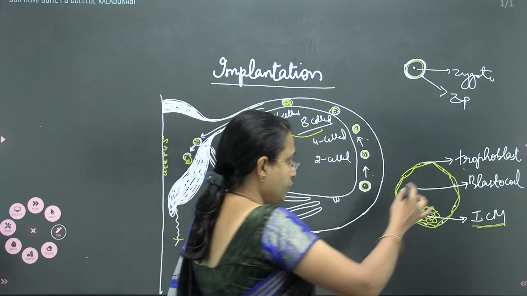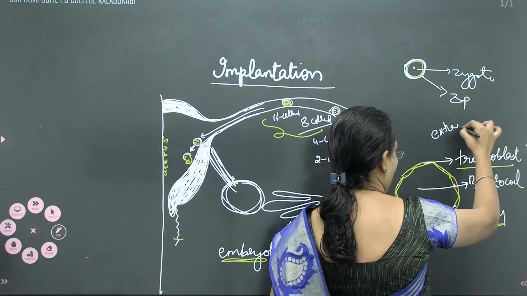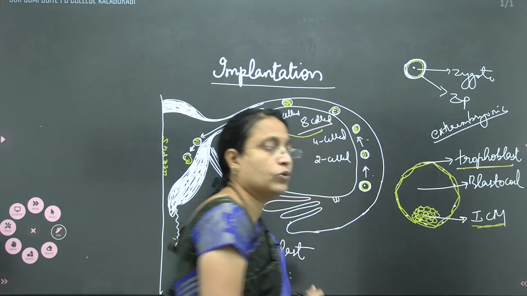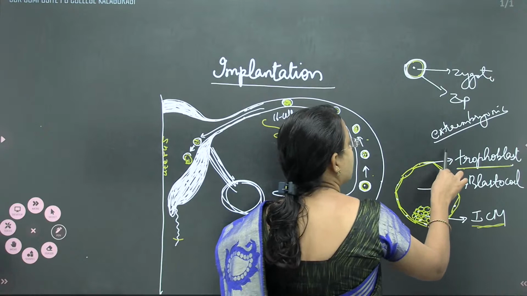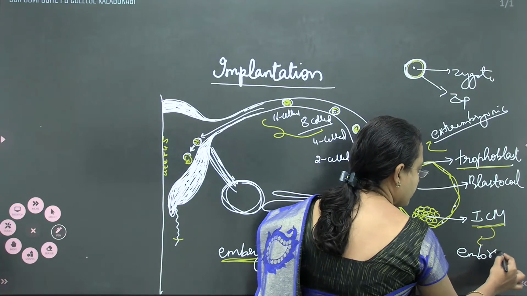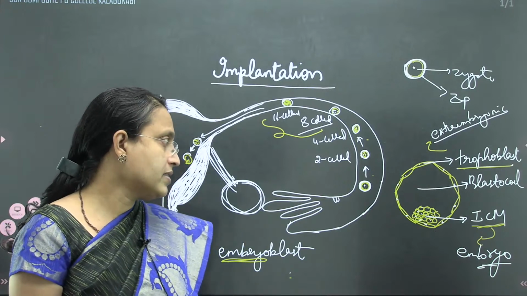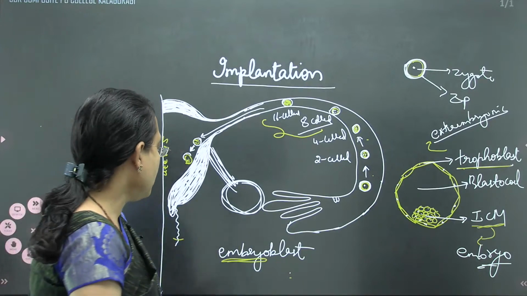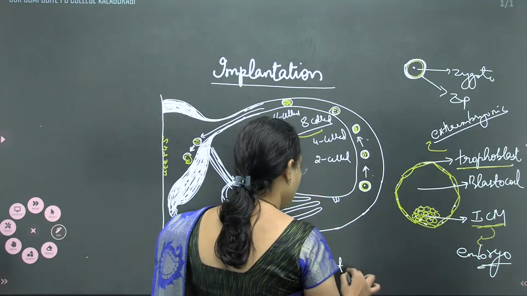So broadly, what you came to know here is the trophoblast will be producing extra embryonic membranes. Those membranes further can develop into placenta and all, like chorion. And this ICM will form the actual embryo, that is the various body parts and the organ systems. Trophoblast can also be called trophoectoderm.